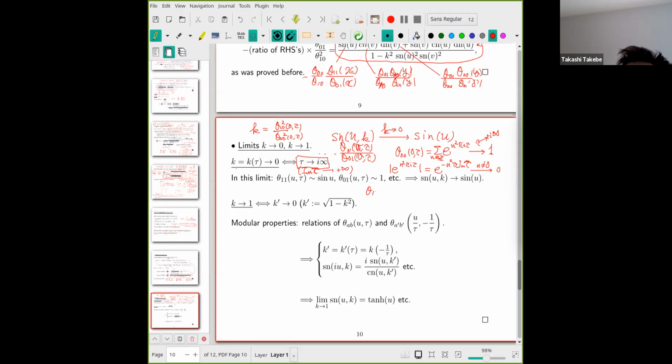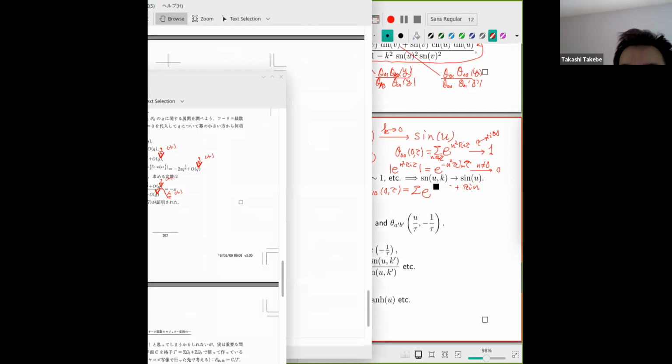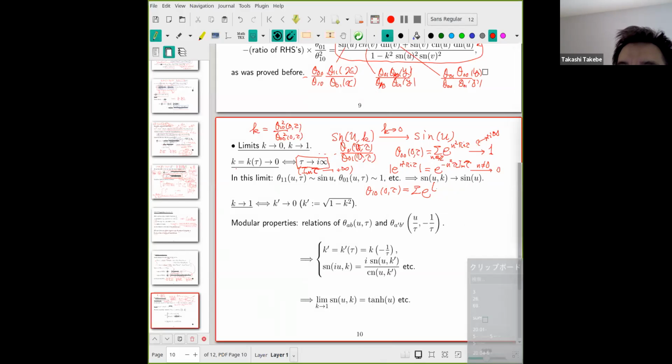And theta 1, 0 of tau is exponentially small. So this is not true. Sorry, this is it.